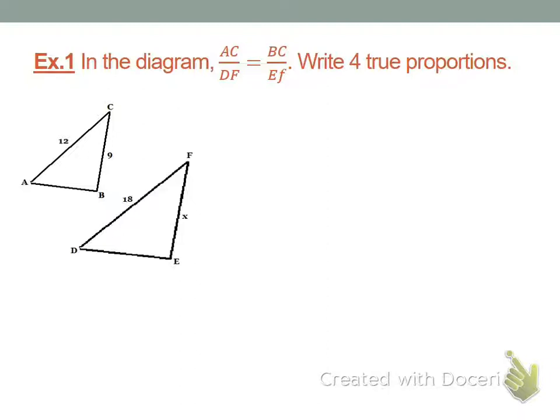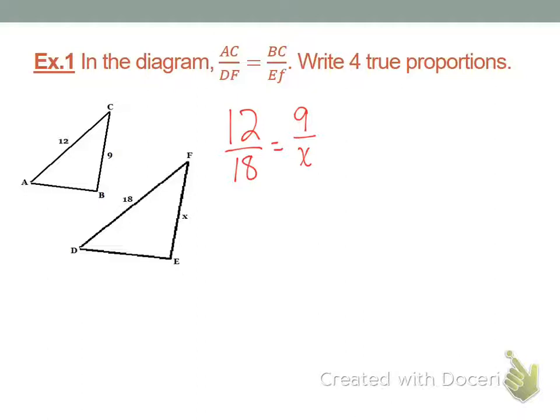So let's start by just plugging in the numbers. What is AC? What is DF? Equals what is BC and EF? Okay. There's one. What's another one?